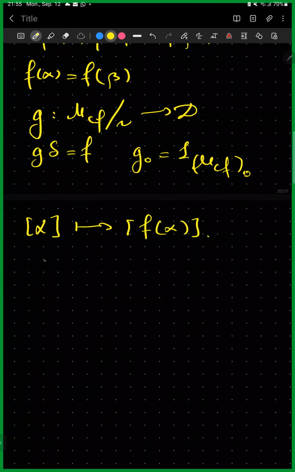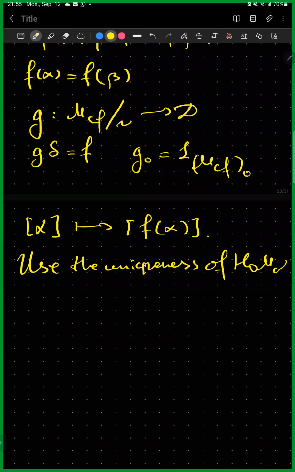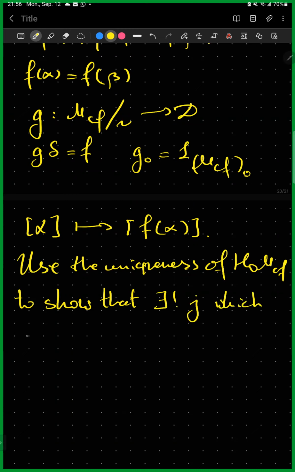Now it remains to just use the uniqueness of the homotopy category to show that there is a unique J isomorphism of categories.